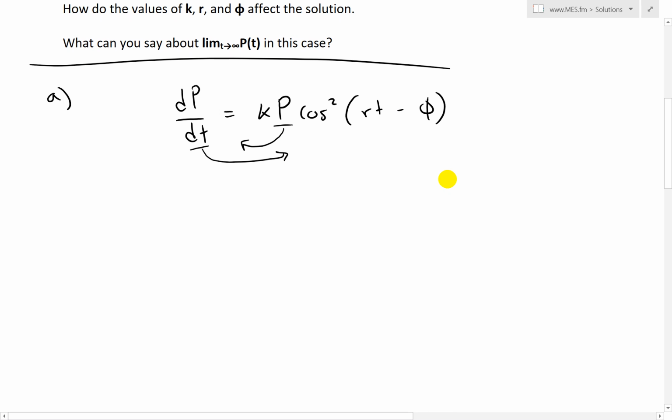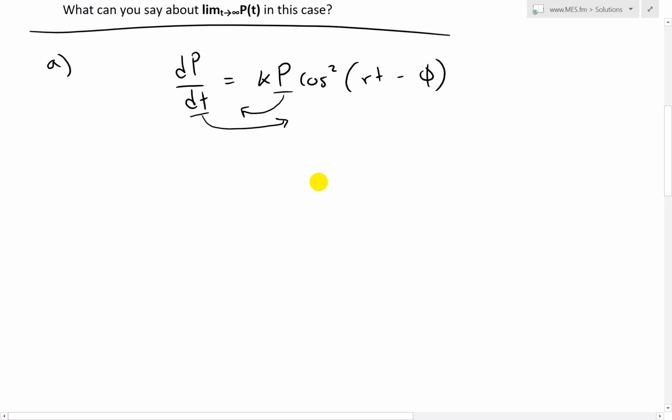This is part of the solution method for separable equations, and you can learn more in my earlier video on separable equations, linked in the description below. So we move that over, and we get dp over p equals k cosine squared of rt minus phi dt, like that.